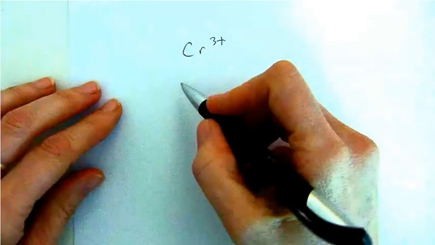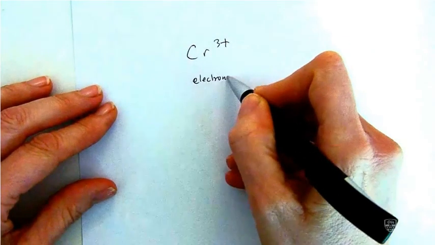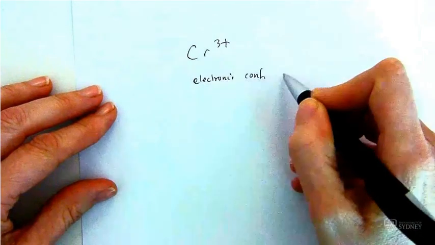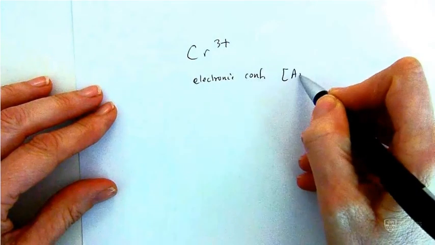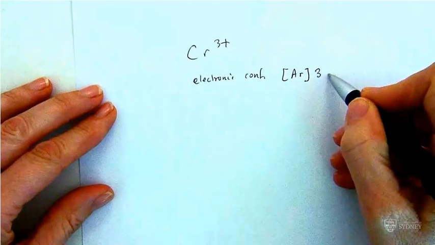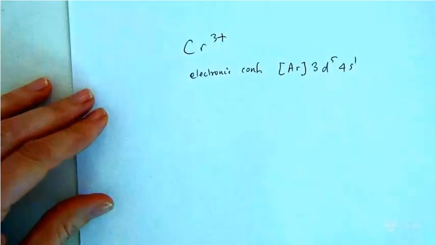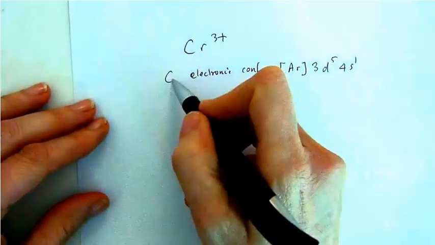Well, we can first look at its electronic configuration. Okay, so we go to the periodic table or wherever you go, and you know that it's equal to argon, 3d5, 4s1. But that's for chromium, but you're given chromium 3+.